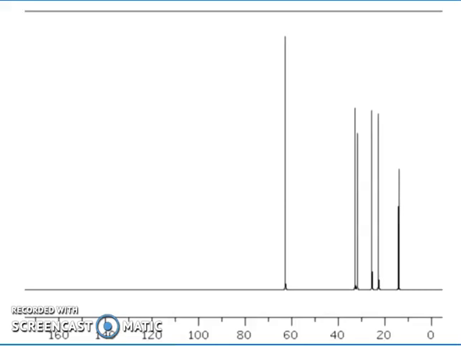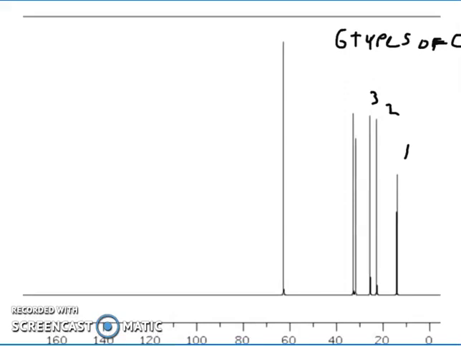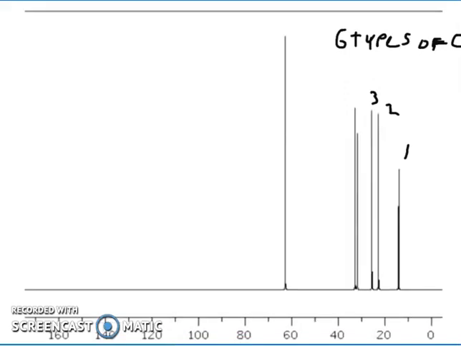And some of the things that this spectrum tells us about the molecule it's from are, first, that there are 6 types of carbon in the sample. And we can number these 1, 2, 3, 4, 5, and 6.